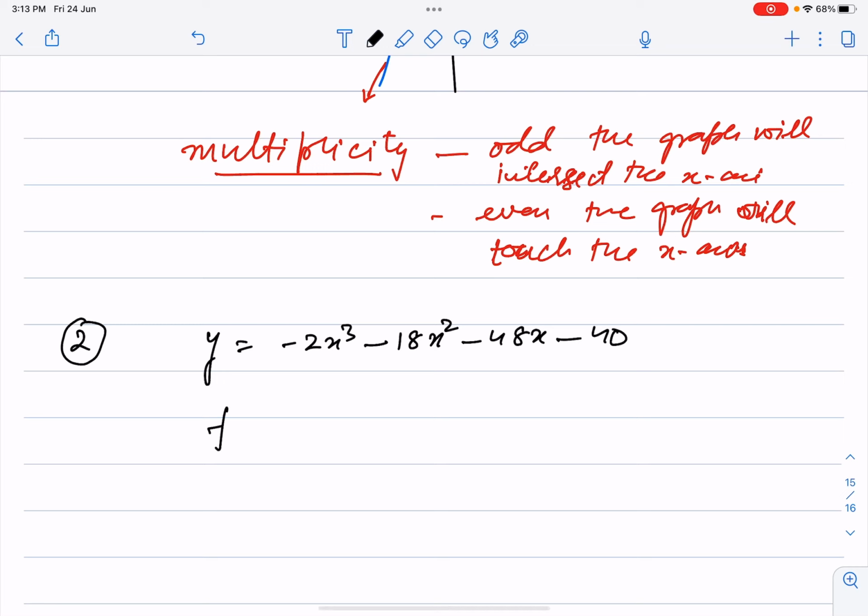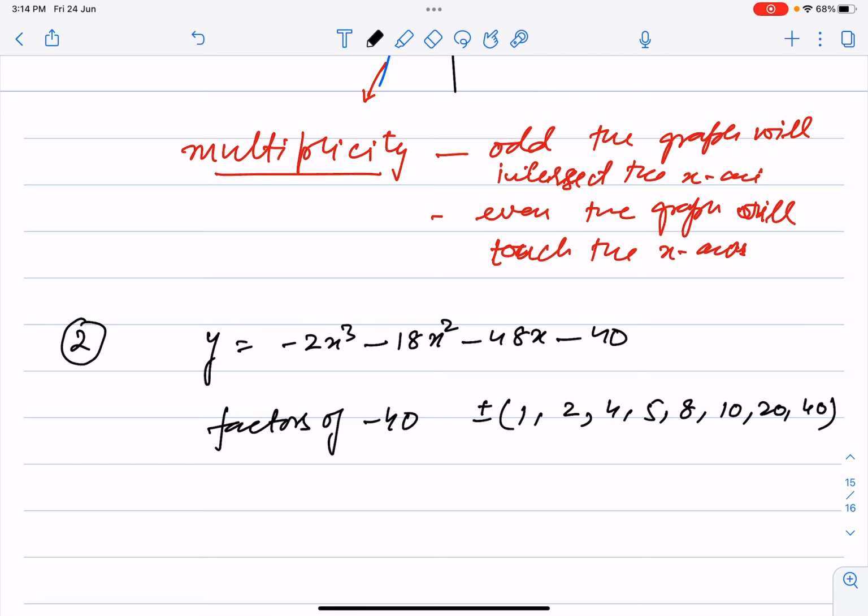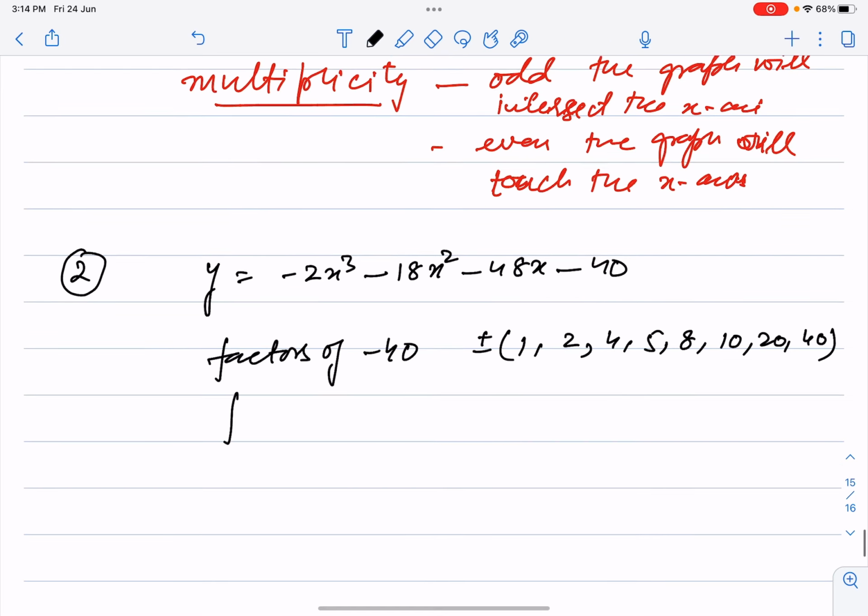Now what are the factors of minus 40 or 40? That is 1, 2, 4, 5, 8, 10, 20 and 40. I hope not beyond that. And the factors of minus 2 are plus minus 1 and 2.